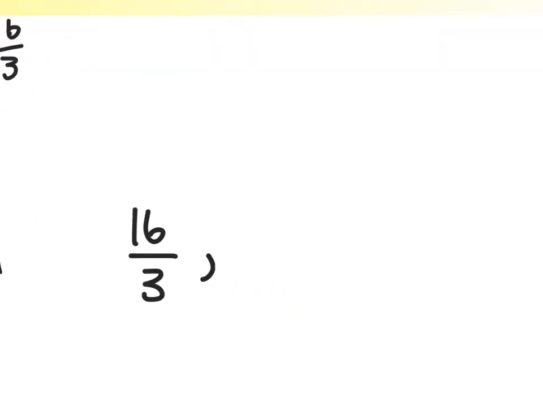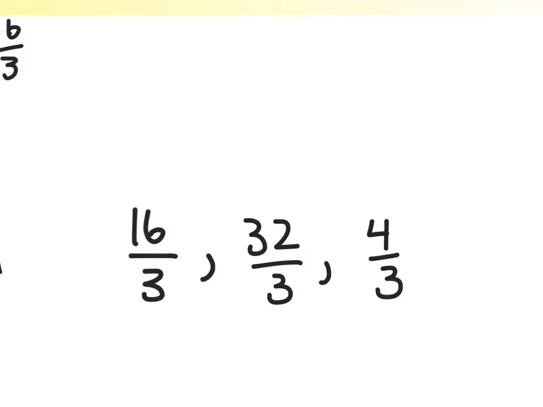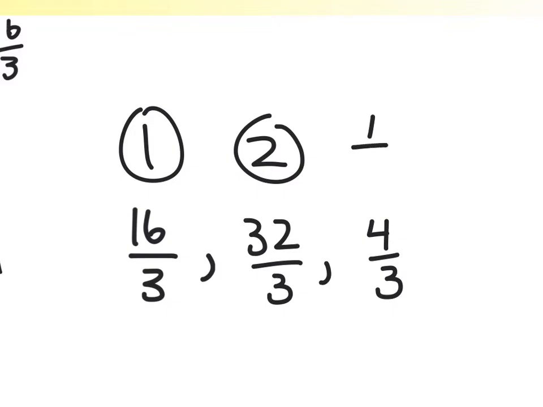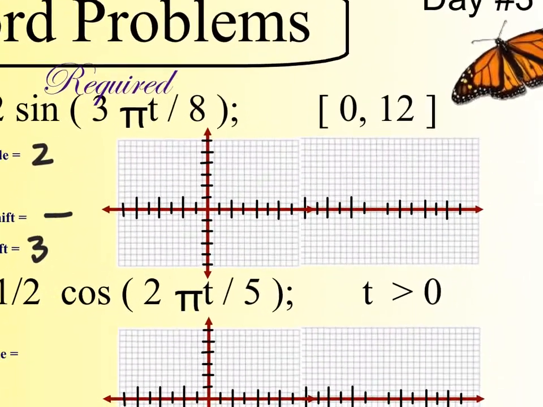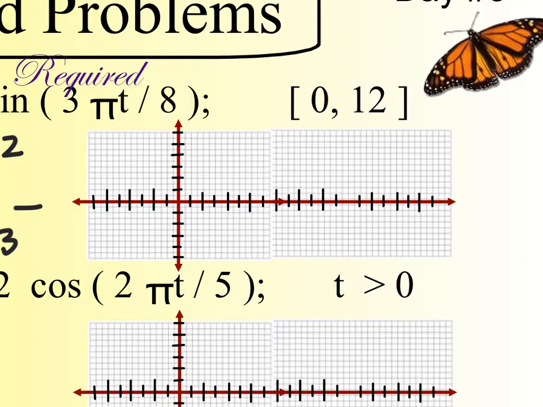Then after another 16 thirds, at 32 thirds, would be another period. And then it would look like I'd have another 4 thirds, which would be 1/4 of a cycle. So one cycle, 2 cycles, and 1/4 of another cycle. So we're going to have 2 and 1/4 cycles.